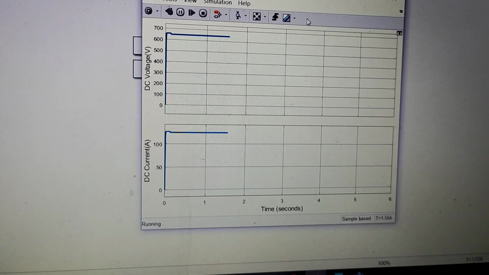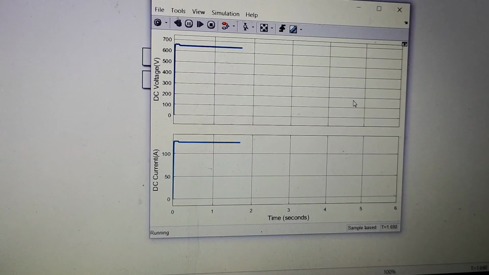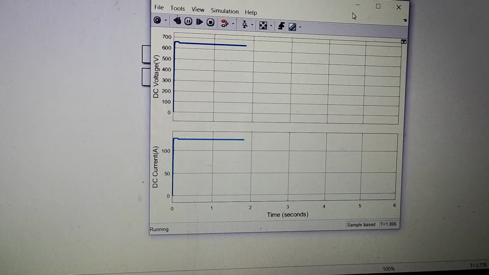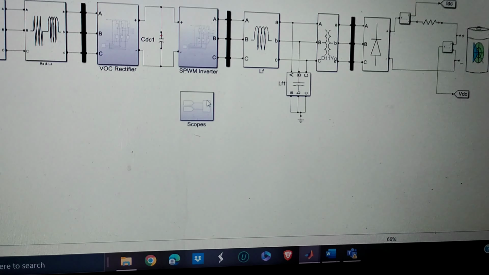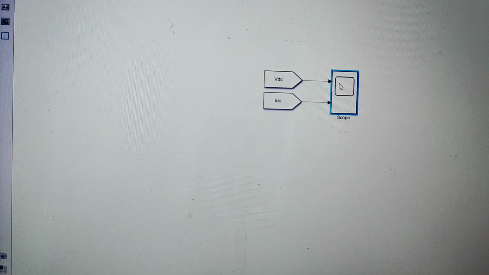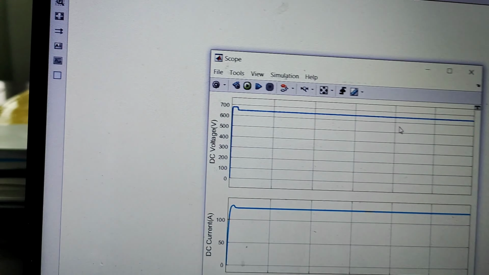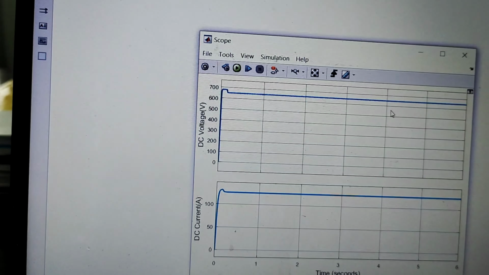Now I am showing the lithium ion battery, then the lead acid battery, then the lithium ion battery. This is very less compared to that.